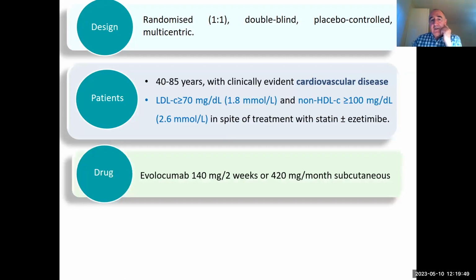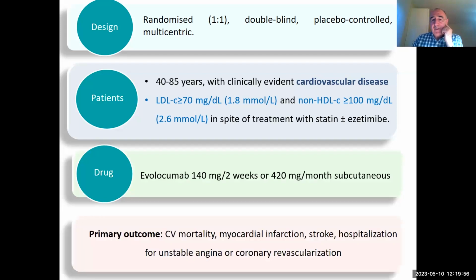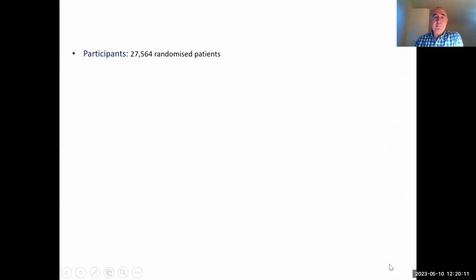The intervention was evolocumab that could be given twice per month or once per month. And the primary outcome of this trial was a composite outcome of cardiovascular mortality, myocardial infarction, stroke, hospitalization for unstable angina, or coronary revascularization, right?